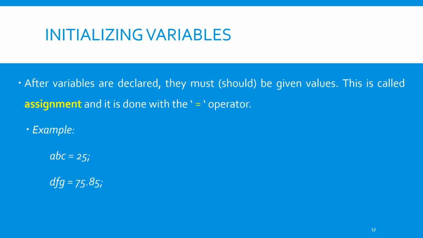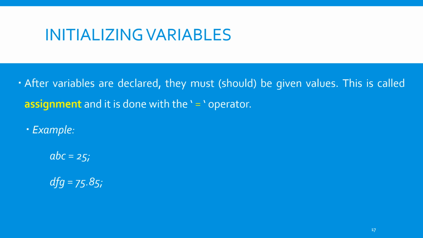Now, once we have the variables, we can assign values to the variable. This is known as initializing the variables. Initializing is done with the help of assignment operator represented by the symbol shown here. Example, we have a variable by the name ABC from the previous slide. If I have to assign value 25 to that variable, I can write that in the form of the expression ABC equal to 25.